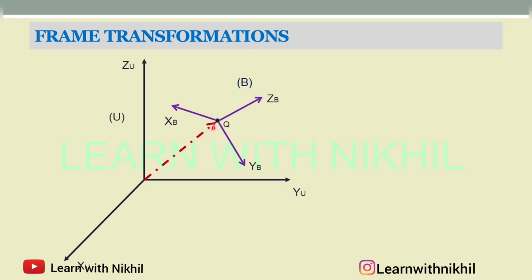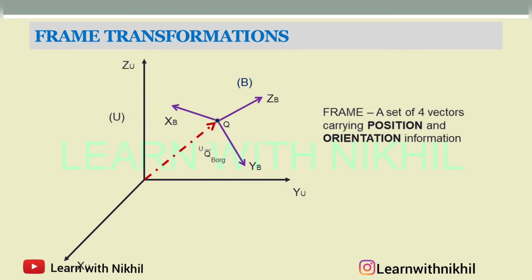So this vector matrix, which is the combination of both position and rotation, is denoted as vector Q B origin, as the origin is shifted, B origin with respect to the universal coordinate system. So this point is Q bar, that is the vector Q, B origin as the origin is shifted with respect to the universal coordinate system.